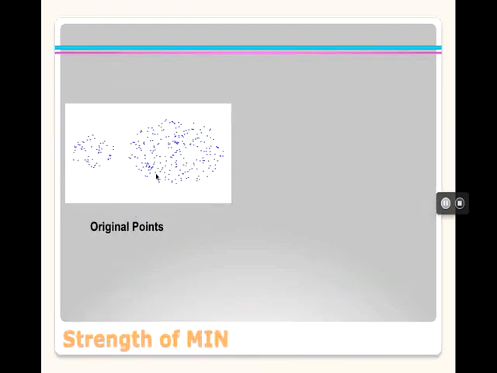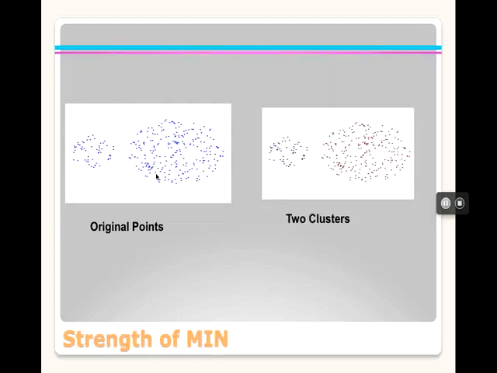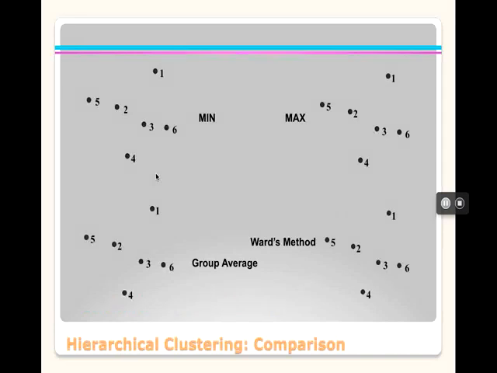If I am using the minimum distance, let's say I have data that looks like this at the beginning. Using the minimum with hierarchical clustering, it can be split into two clusters, as you can see. The strength of the minimum distance is that it can handle non-elliptical shapes. So in this case, we solved the big problem that we had previously in k-means.